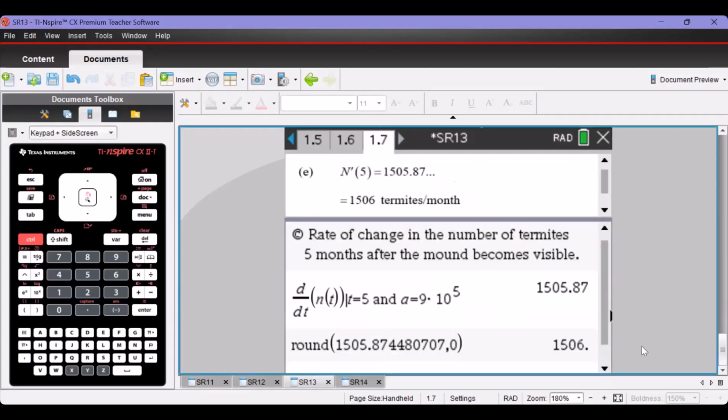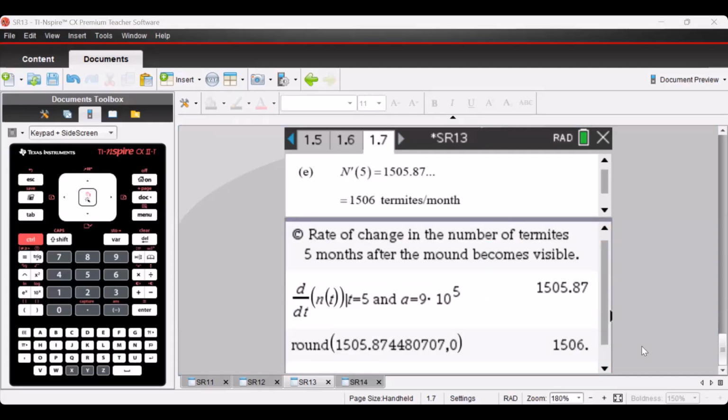In part E, we're required to find the rate of change in the number of termites 5 months after the mound becomes visible. So in other words, we've found N dashed of t, and so now we need to find N dashed of 5.